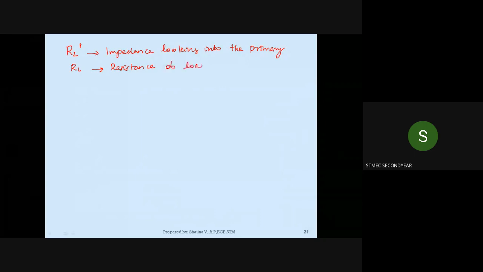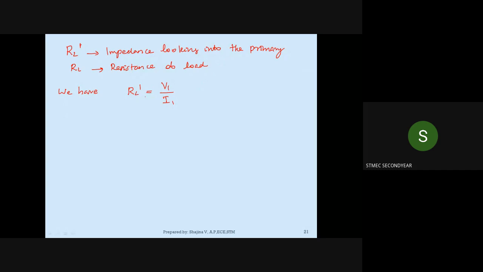Now, what is RL dash equal to? Here RL dash is the impedance looking into the primary. The voltage at the primary is V1 and the current at the primary is I1. So I can define RL dash equal to V1 divided by I1.